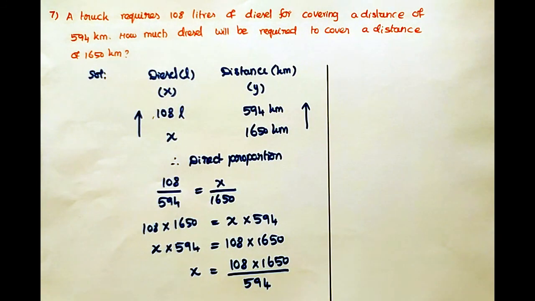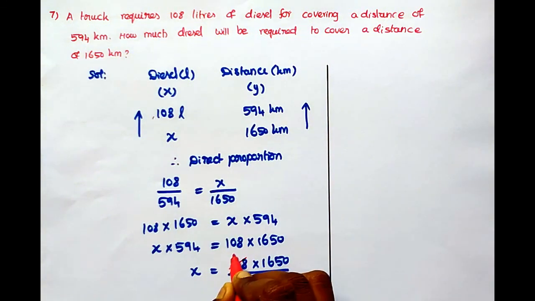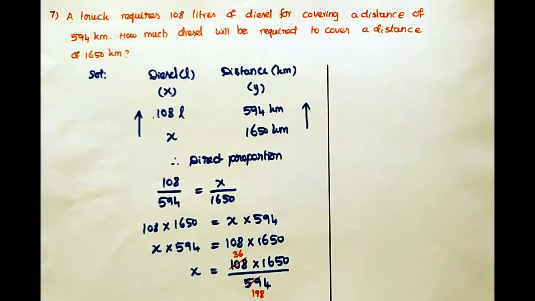Now first divided by third table. 19 threes are 57, balance 2 24, 8 threes are 24. Here 3 threes are 9, balance 1, 6 threes are 18.